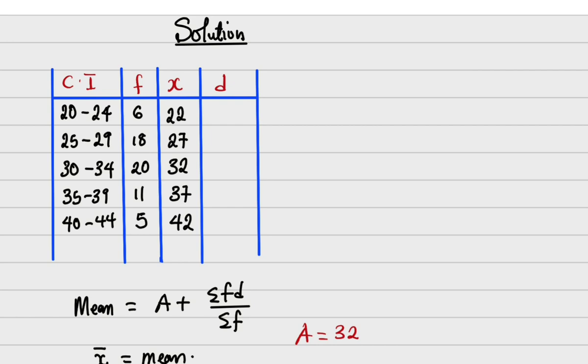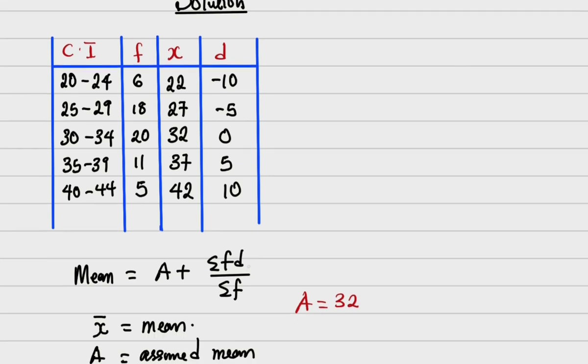What we are going to have is minus 10. The same way, you can keep adding the class width here so that you get the whole numbers. So this is going to be minus 5, then minus 5 plus 5 gives 0, and this is 5, and this is 10. So we've gotten our D.